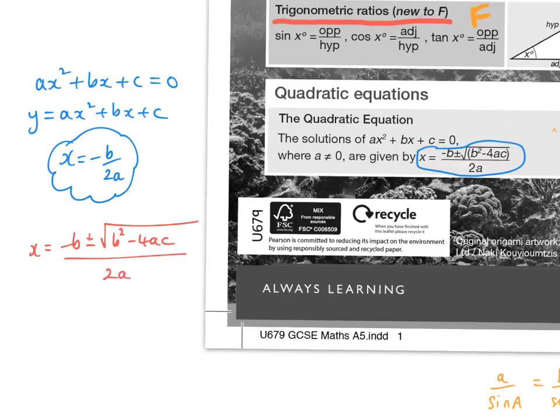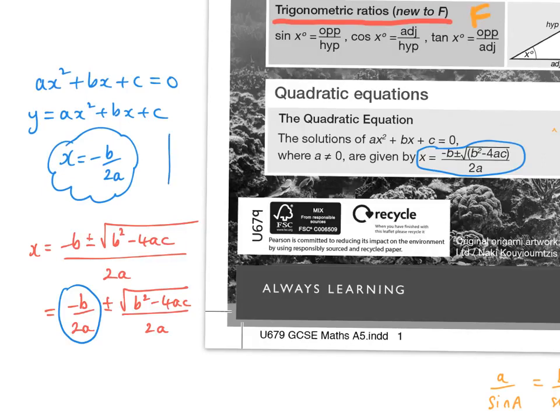It gives it like this, whereas if you write it like this, minus b over 2a plus or minus the square root of b squared minus 4ac over 2a, at least then you can see the line of symmetry, so that helps you.